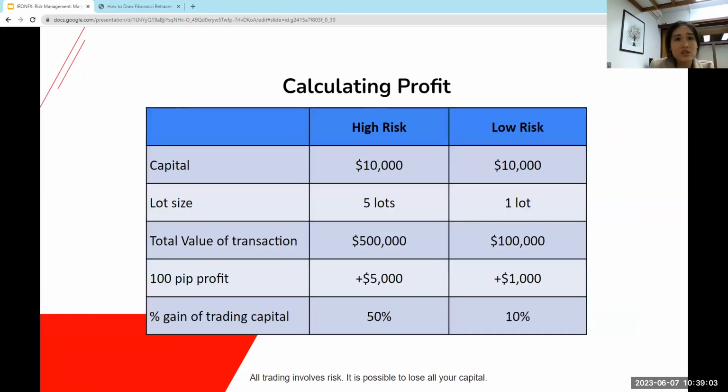So here's how we can calculate profit. It depends on what kind of an investor you are, but if you are a high risk investor and your capital is 10,000, your lot size 5 lots, total value of transaction $500,000, and your 100 pip profit would be $5,000, which would then be a 50% gain of your trading capital.